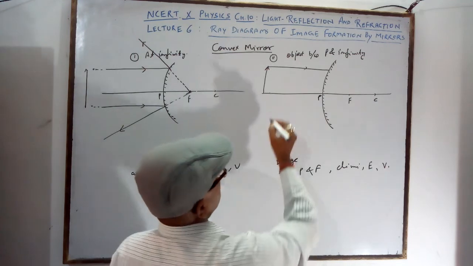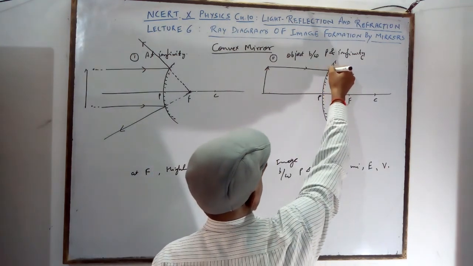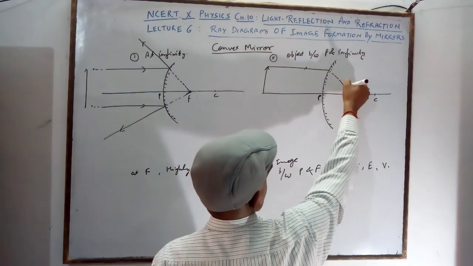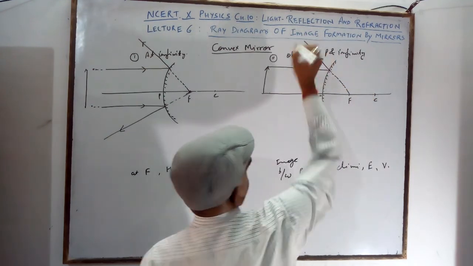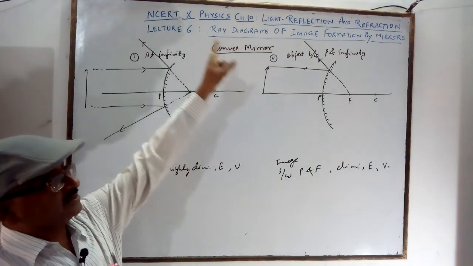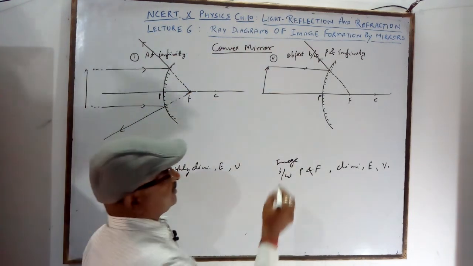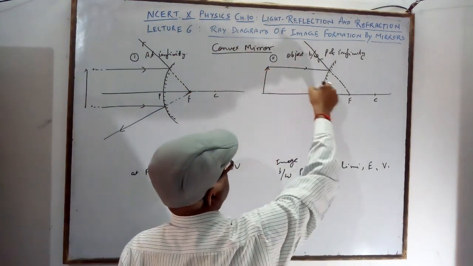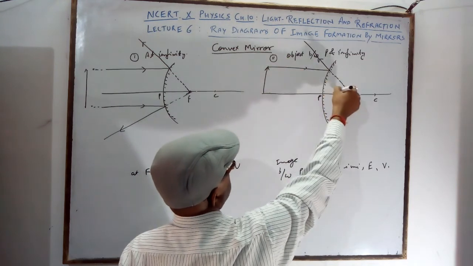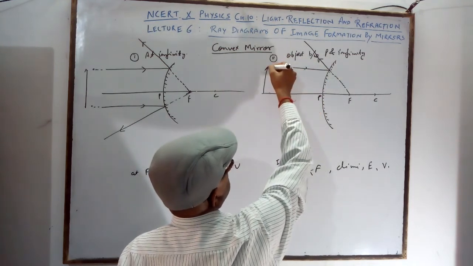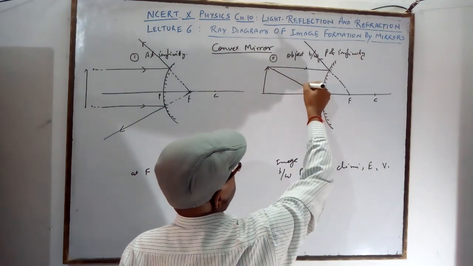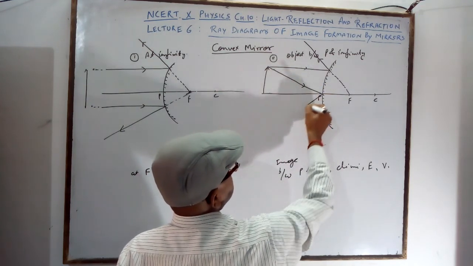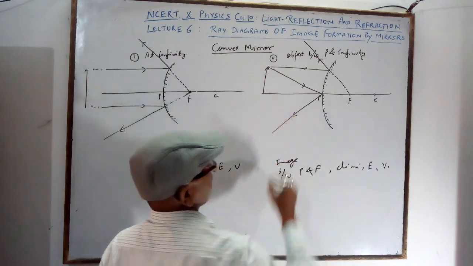So here you take two rays. One is going in this direction, and after reflection it goes this direction. Another passes through the focus. The ray which strikes at the pole comes back in this direction with the same angle.